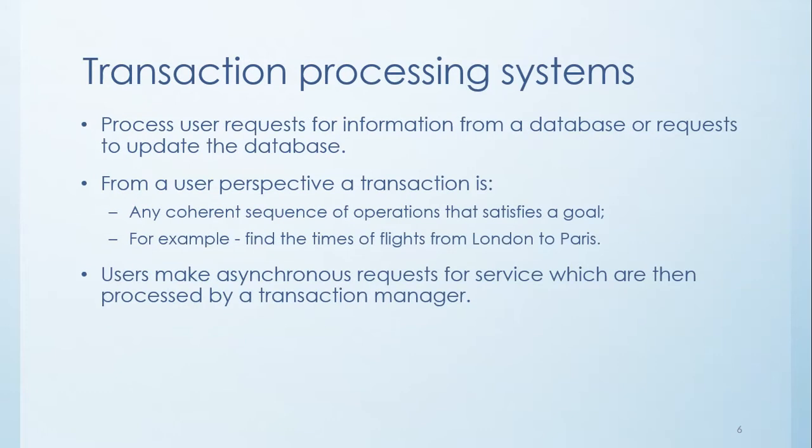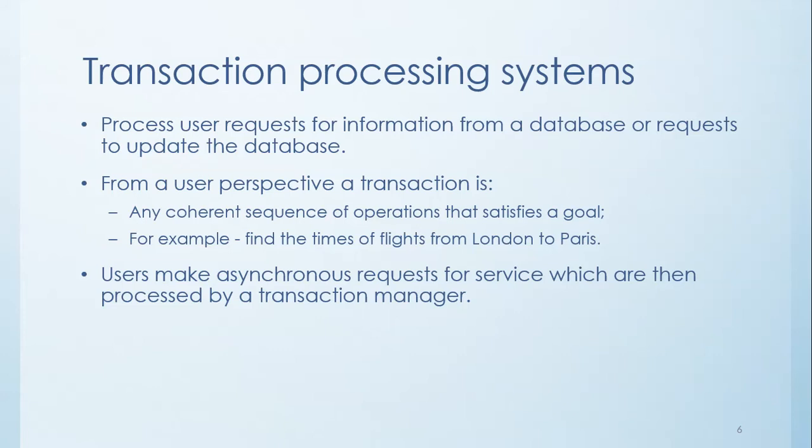So transaction processing systems process user requests for information from a database or requests to update the database. From a user perspective, a transaction is any coherent sequence of operations that satisfies a goal. So, find all the flights from London to Paris.